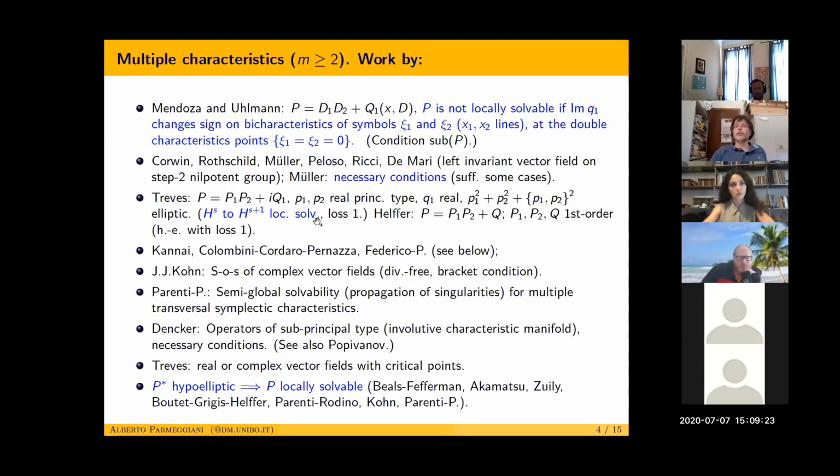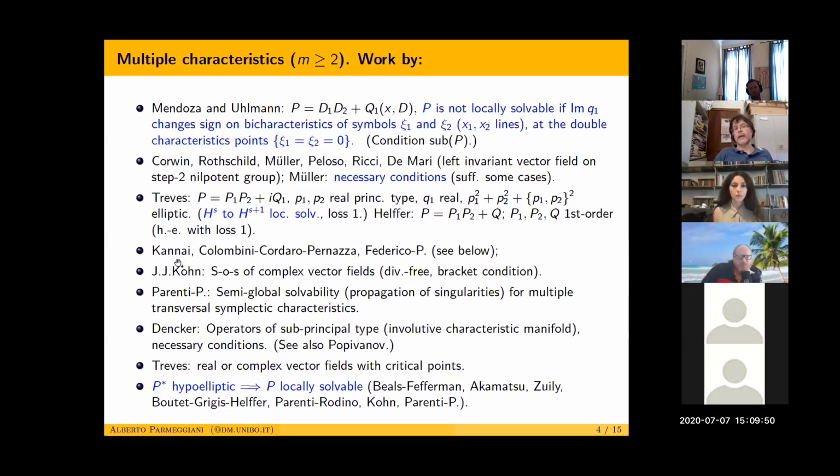It considered a similar operator, studying the hypoellipticity with the loss of one derivative. So this is very much related to local solvability, because one has to remember that P star hypoelliptic implies P locally solvable. So any kind of hypoellipticity result gives a local solvability result for the adjoint.